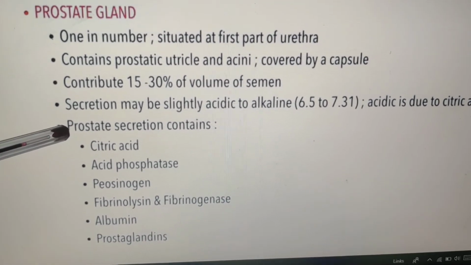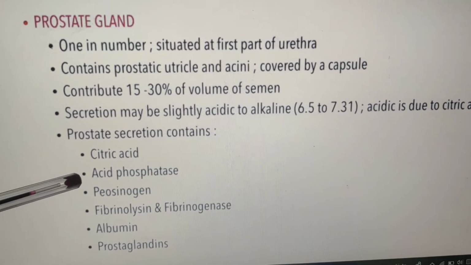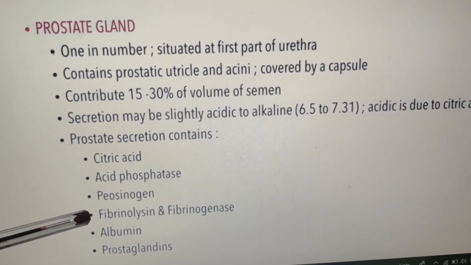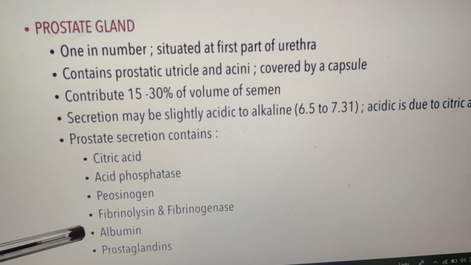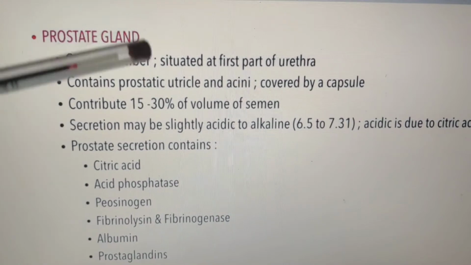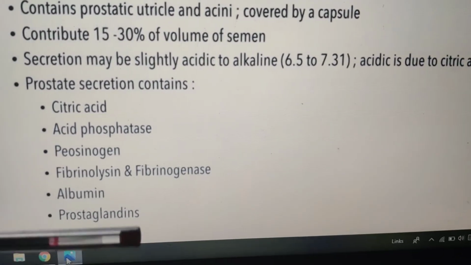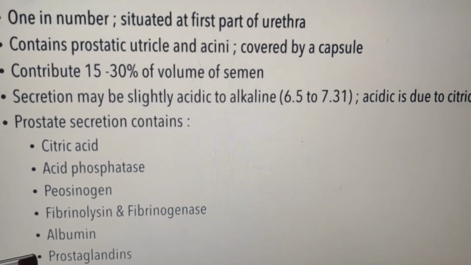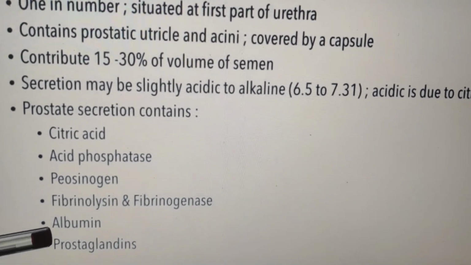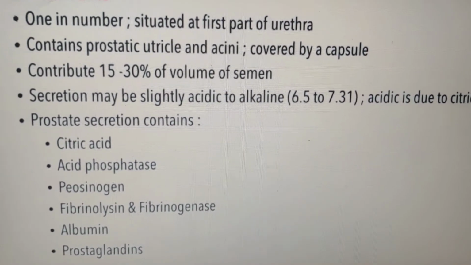Prostate secretion contains citric acid in some amount, acid phosphatase, fibrinolysin, albumin and prostaglandins. The function of prostaglandin is the contraction in the female reproductive tract so that the sperms can easily move inside towards the uterus.